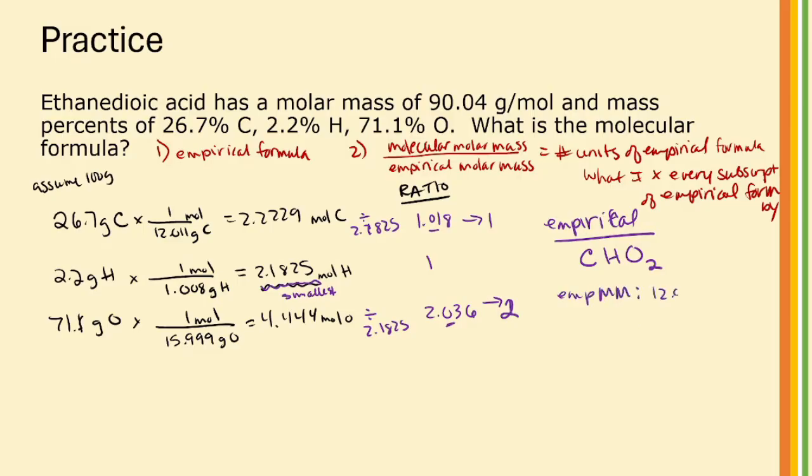So it'd be 12.011 plus 1.008 plus 2 times 15.999. I get 45.017. That's how much the molar mass would be if the molecular formula was CHO2.